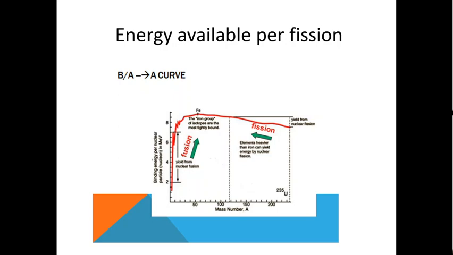Now, there are certain elements in nature which do it spontaneously, and many others which don't, and you have to trigger it. In a nuclear fission experiment, where we break the uranium in nuclear reactors, or if it is used for destructive purposes as an atom bomb, the uranium nucleus is triggered by bombarding it with slow neutrons.